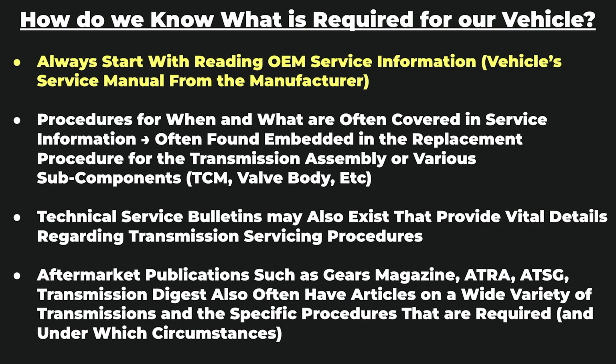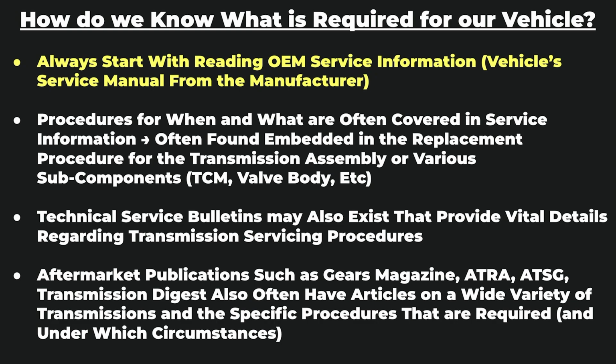So again, how do we know what's required depending on the specific vehicle? We always want to start with the factory service information from the vehicle manufacturer. Now, there's plenty of aftermarket resources as well. You would like to think that the manufacturer always provides these procedures in detail right in the service manual. Well, sometimes they do not. Sometimes this information gets covered in technical service bulletins.